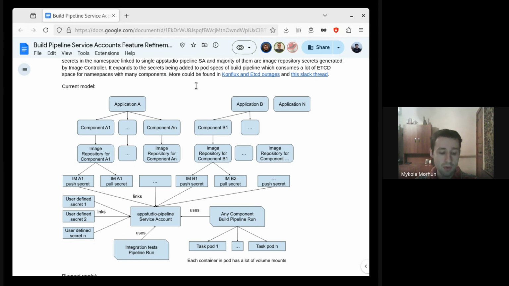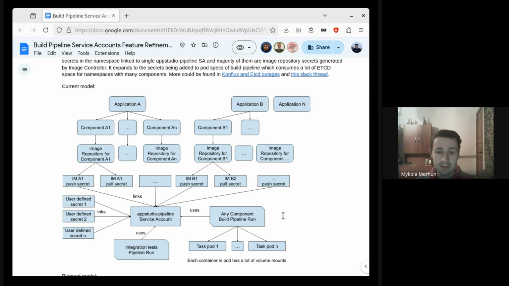Initially, this feature was planned as an improvement to isolation of build credentials, but after some investigation, we realized that it's not possible due to current Konflux design, because our build pipeline currently, as you can see in the diagram, uses the UpStudio pipeline service account.